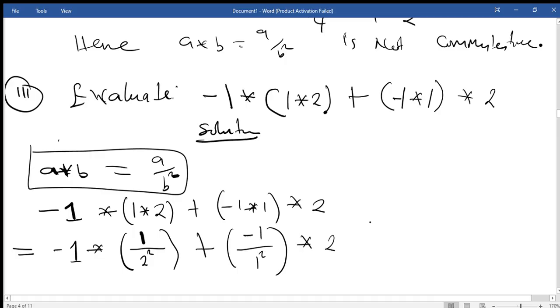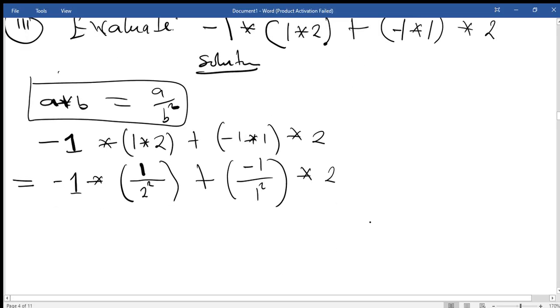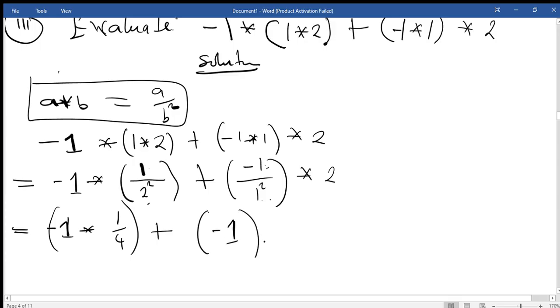And then from there we continue. This is going to be equal to negative 1 star 1 over 4 plus negative 1 divided by 1. That's just as good as negative 1 star 2. That's what we have there.